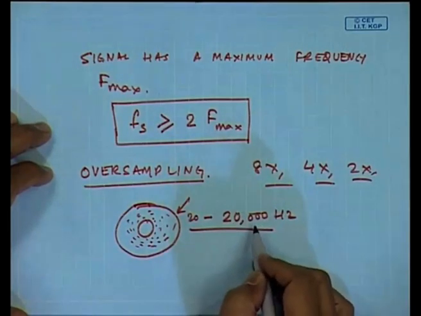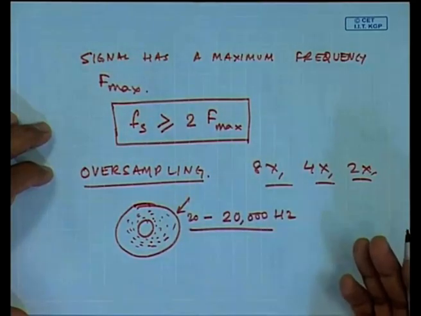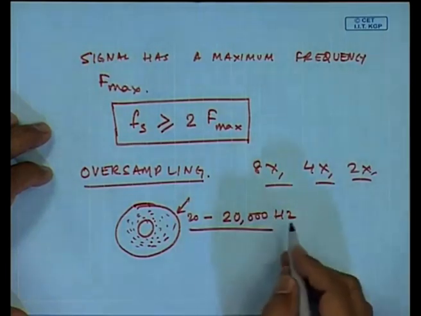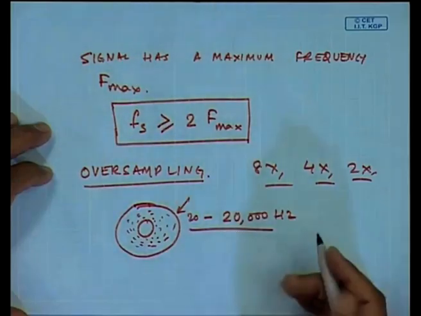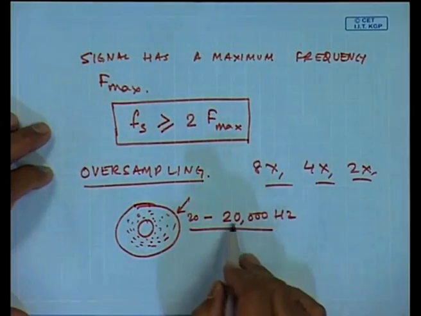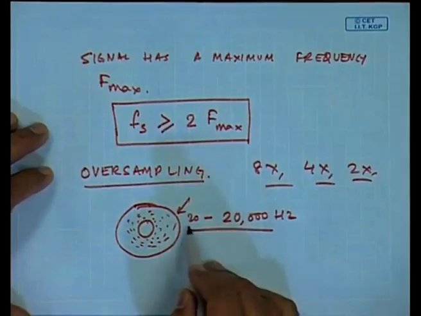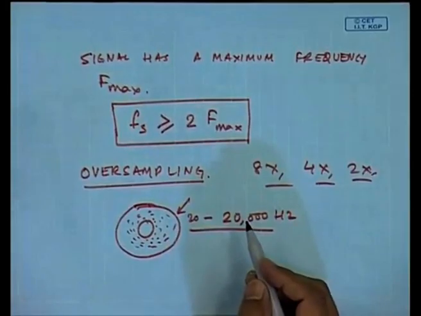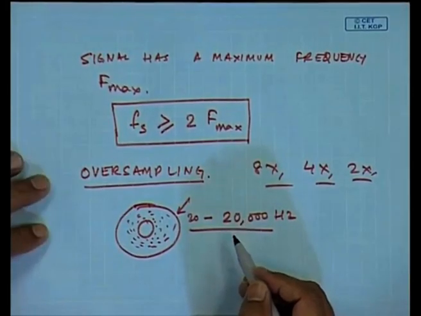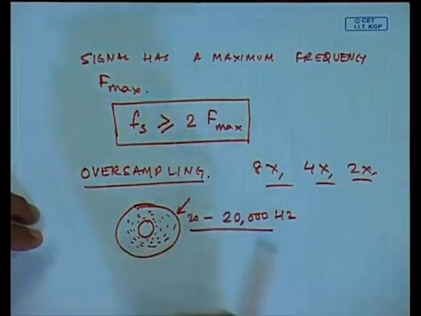So if my maximum frequency of interest is 20,000 hertz, I should at least sample at 40,000 hertz, but sometimes they sample at 44.98 kilohertz. So they are doing some amount of oversampling, and because the original signal up to 20 kilohertz has been reproduced, we have a better fidelity or frequency response from CD players than from the original tape cassettes. The full frequency range of the audio signal is reproduced in a CD.